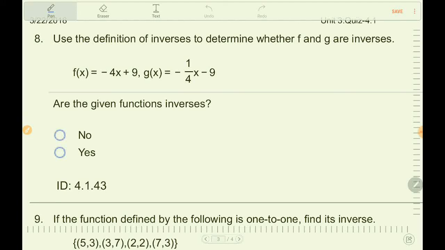Let's do a more involved problem here. We're actually going to use the definition of inverses to determine whether f and g are inverses.